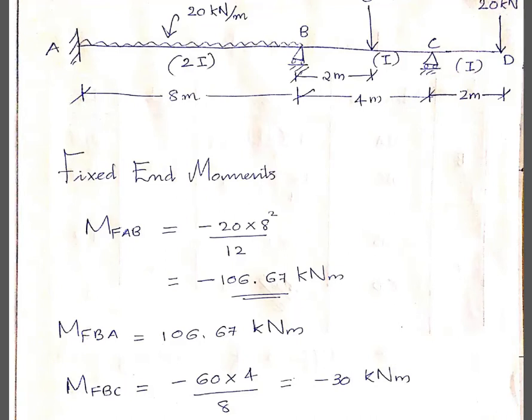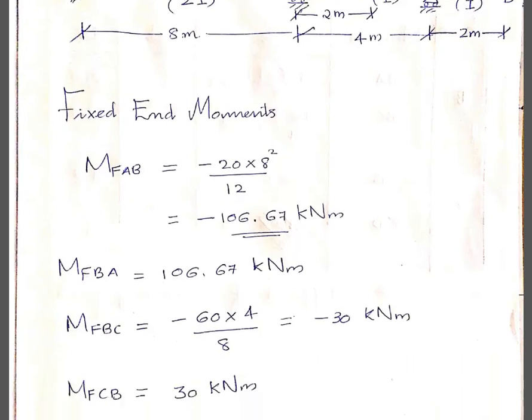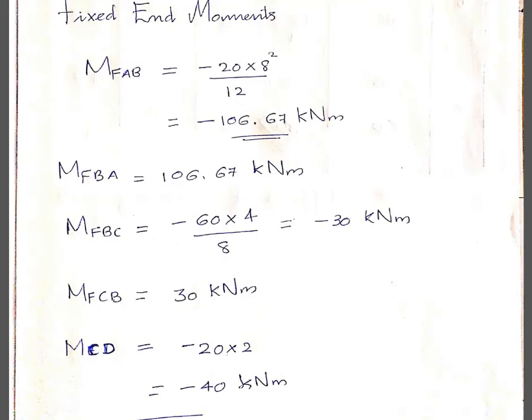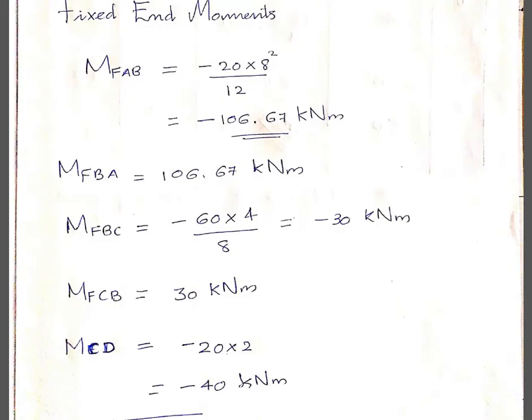Then M of CB will be the same magnitude with an opposite sign, clockwise moment, so 30 kilonewton meter. And here M of CD is equal to minus 20 into 2, minus 40 kilonewton meter. So these are the fixed end moments, and the moment MCD due to the overhang.